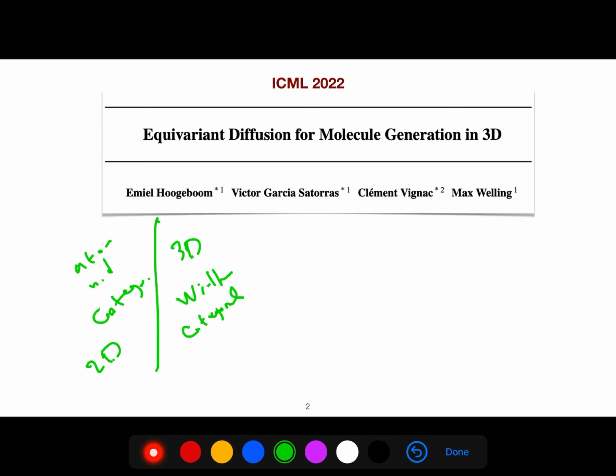They may use continuous features, but not categorical features. But this paper is combining categorical features with the continuous.